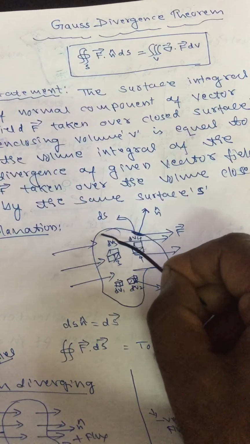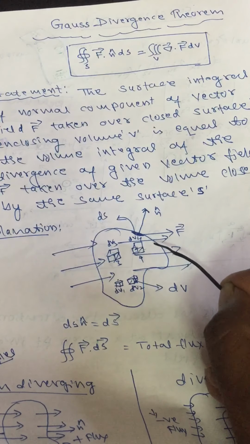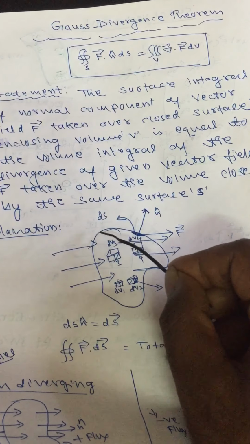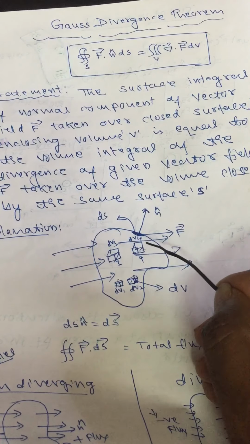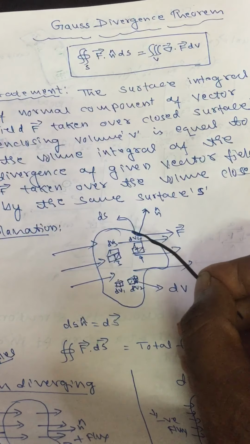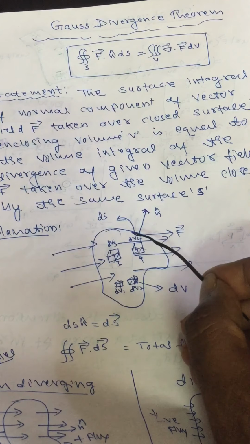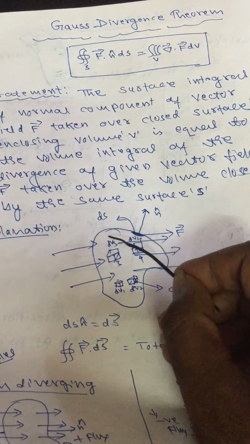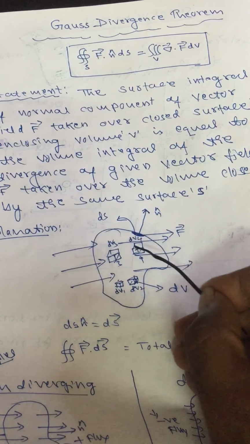Suppose this surface is made up of small infinitesimal elements like this. In order to get the total flux over the closed surface, it is a summation of flux over these areas, dS1, dS2, dS3. Your summation gives what? Total flux.